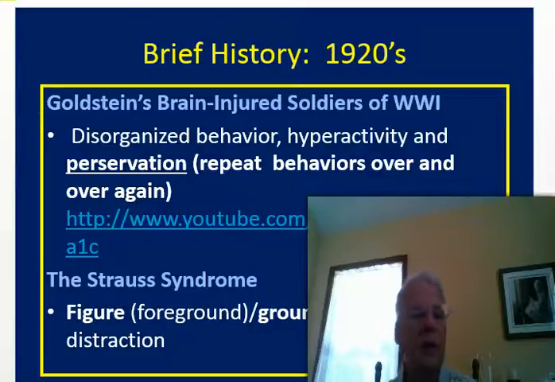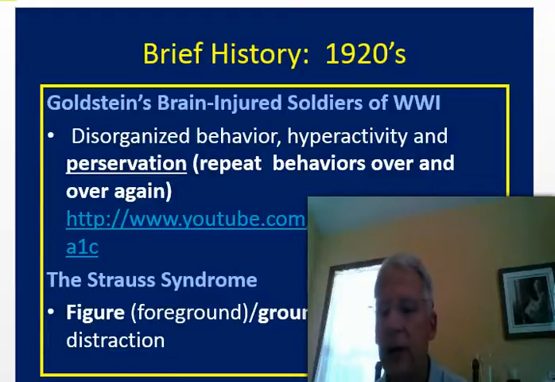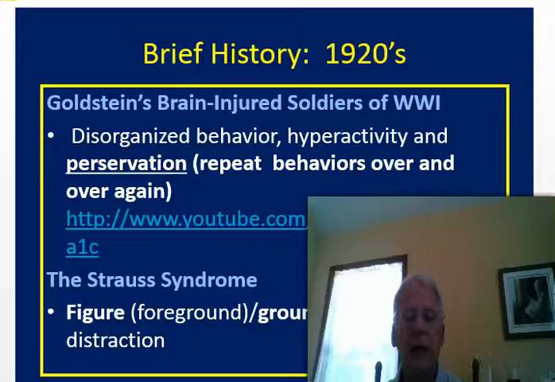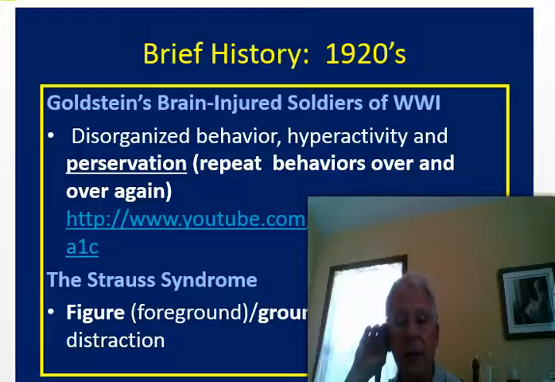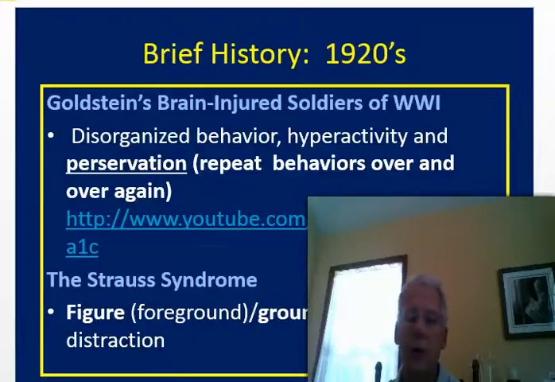last name is Strauss, and in the 30s and 40s, Alfred Strauss, who escaped Nazi Germany, came to the United States and conducted research on behaviors of distractibility and hyperactivity, and he found that those with mental retardation, those are intellectual disabilities, those would be the chapter that we studied in Chapter 5, showed the same behaviors researched by Goldstein in World War I. In other words, he found the same types of behaviors in World War I soldiers as we found in those with disabilities.